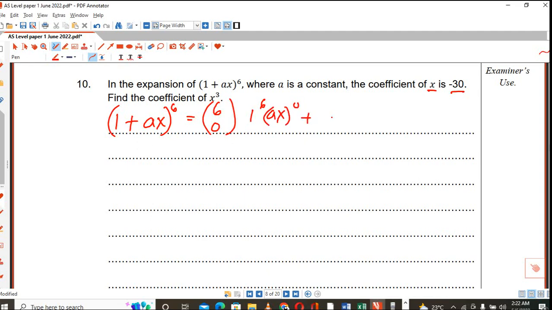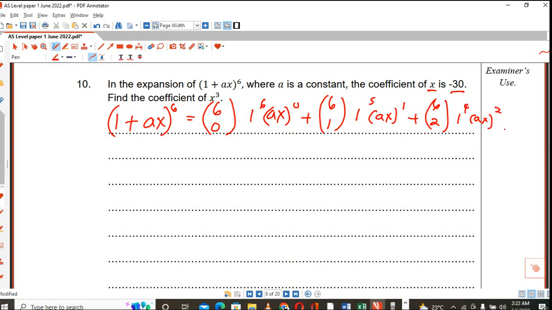I'm just rewriting it term by term. Then 6 choose 1, then you have 1 raised to the power of 5, and a raised to the power of 1. Let's say we do another one. 6 choose 2. We have got 1 raised to the power of 4 and ax raised to the power of 2.